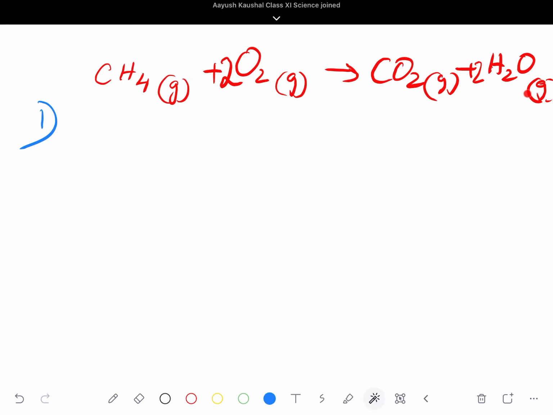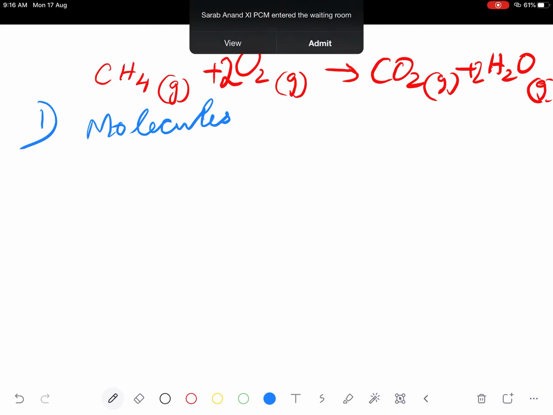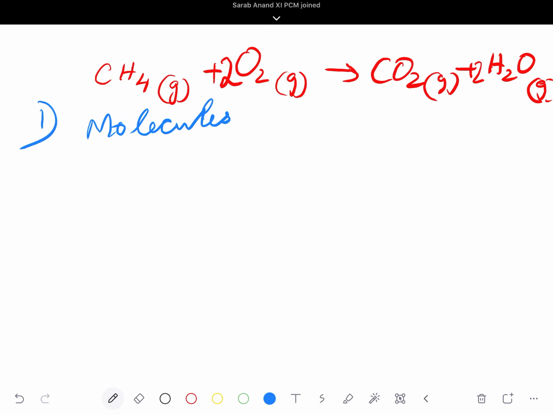So now we are talking in terms of molecules: how many molecules are taking part in this chemical reaction and how many product molecules are obtained? Now for us it's not easy to take molecules.